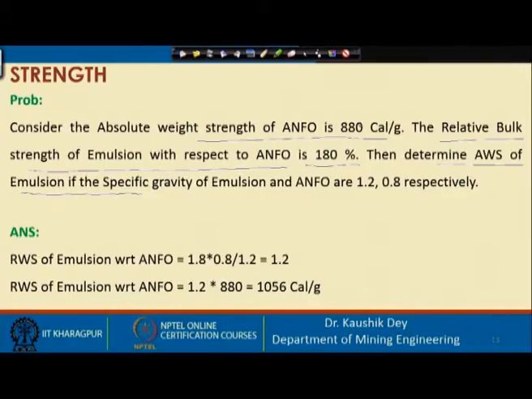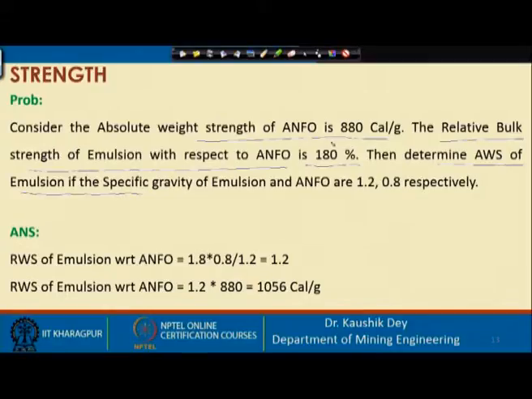So, the relative weight strength of emulsion with respect to ANFO can be obtained by this: 1.8 into 0.8 by 1.2, that is the ratio of the density of the explosive. So, let us elaborate this to understand.